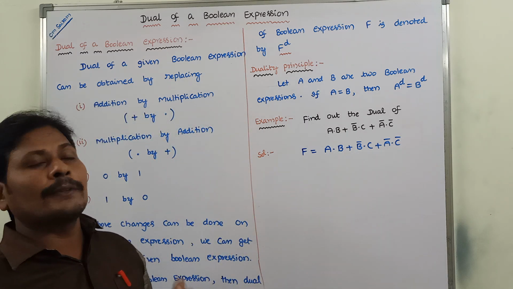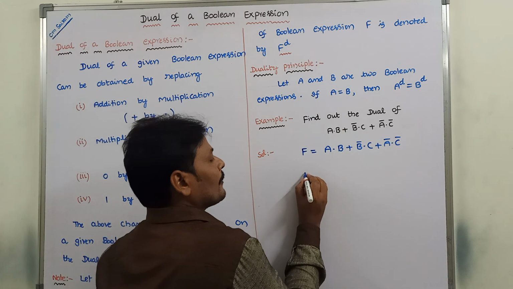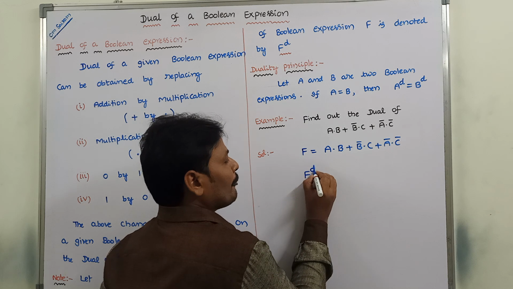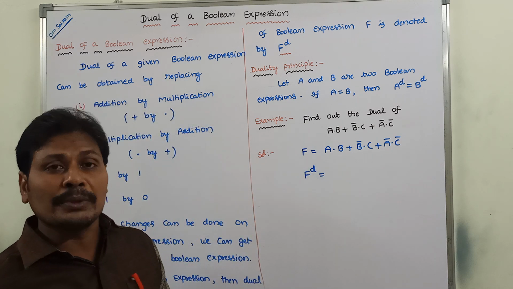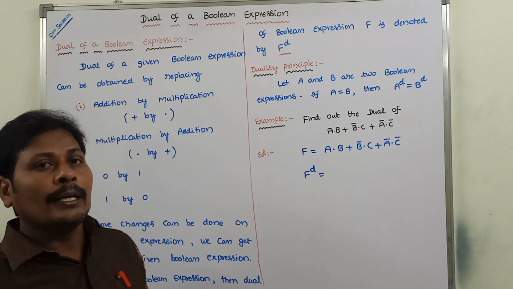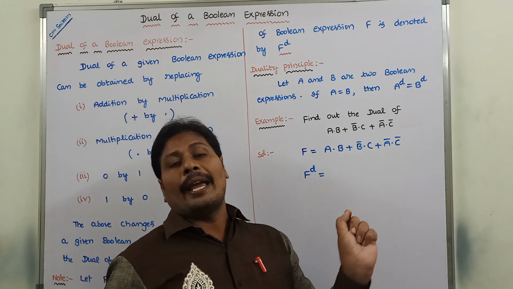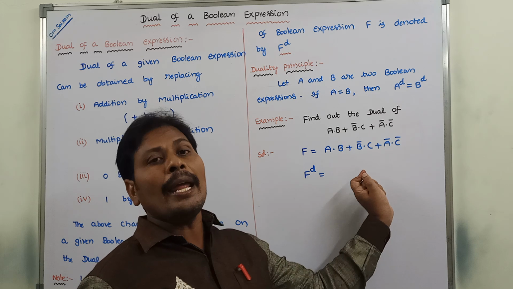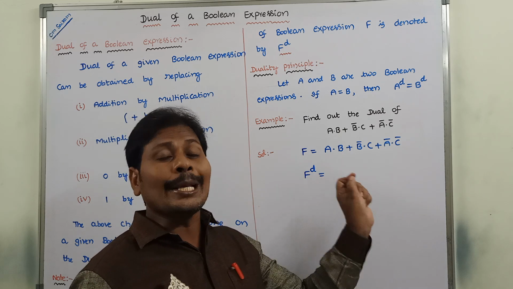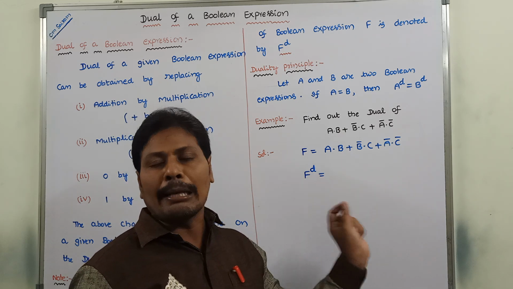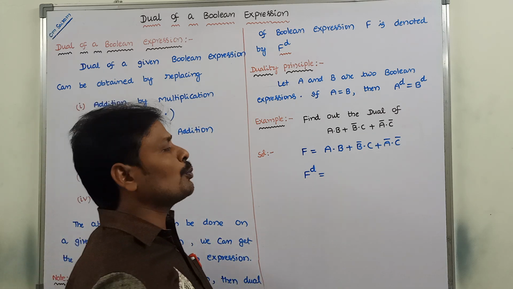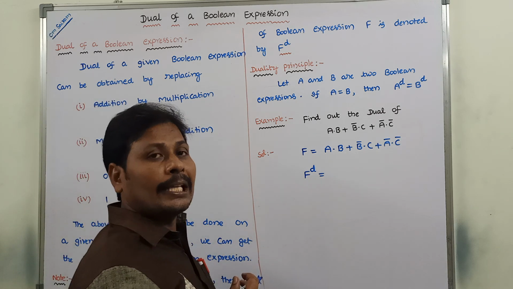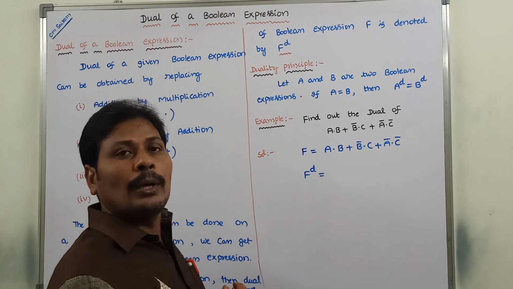The dual of this Boolean expression F is denoted by F power D. So F power D can be obtained by replacing multiplication by addition, addition by multiplication, 0 by 1, 1 by 0. These are the modifications we have to do to get the dual of the given Boolean expression F.